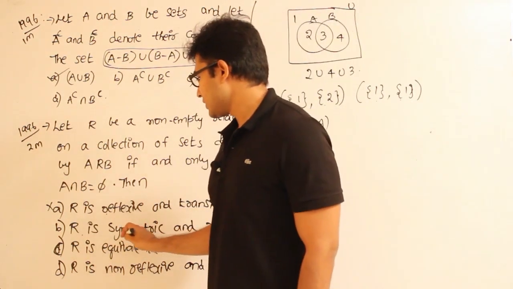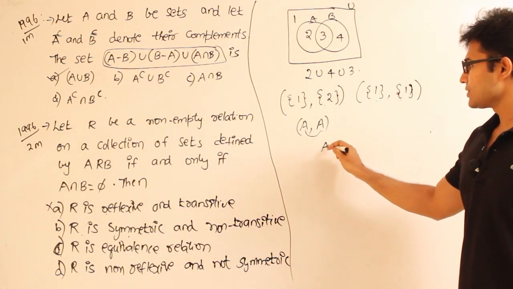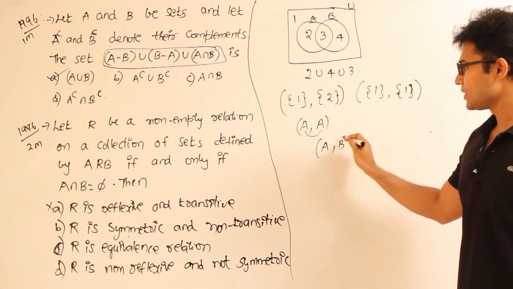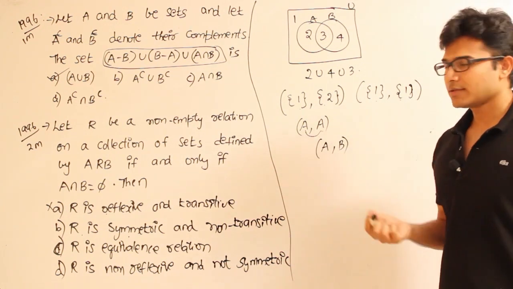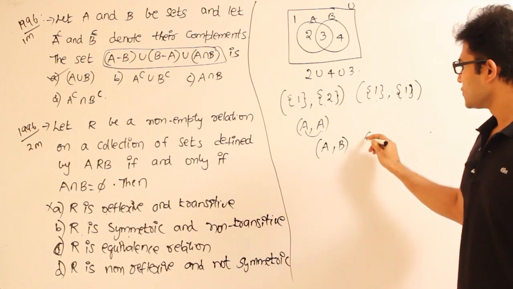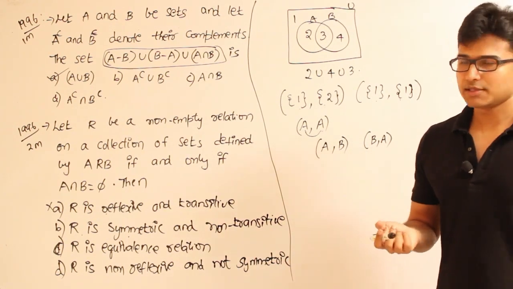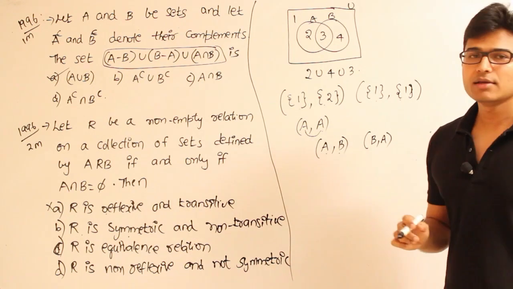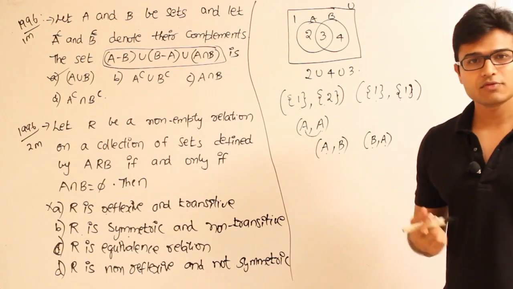The second one is saying that it is symmetric. Symmetric means if I have two sets A comma B like this which are present in the relation, so what does it mean? A intersection B equal to ϕ. Then we should also have B comma A, right? Of course it will be present, because if A intersection B is equal to ϕ, then obviously B intersection A will also be equal to ϕ.